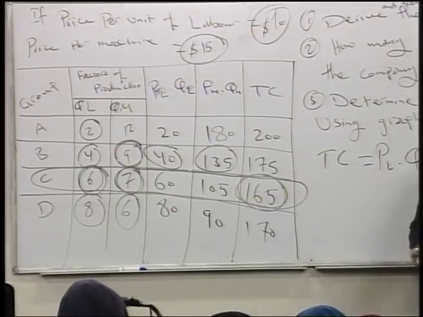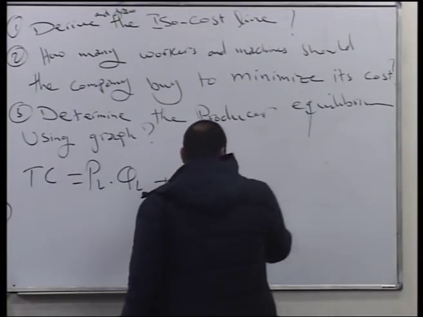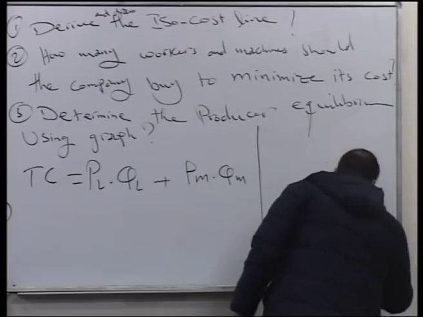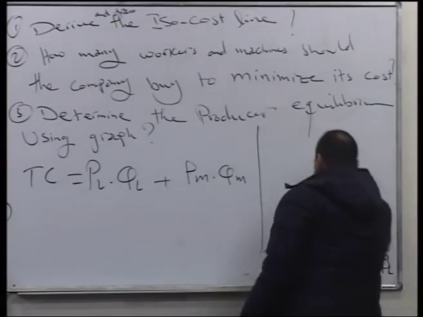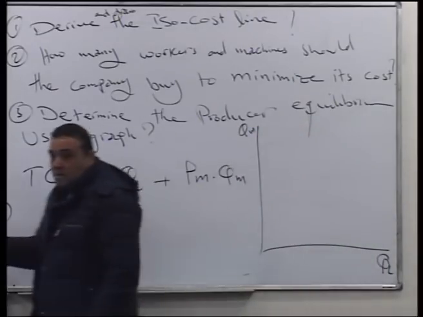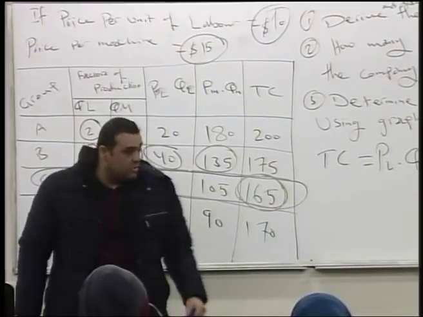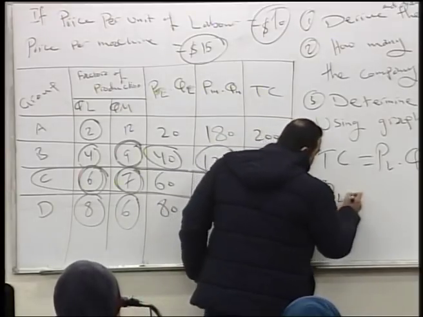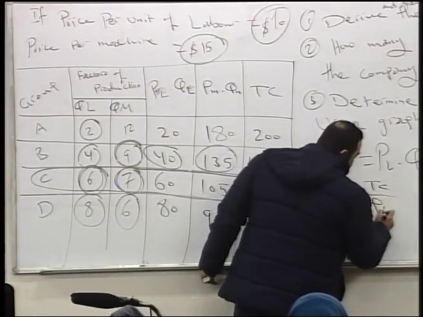Derive and draw the iso-cost line. Like this, QL and QM. To calculate the quantity of labor, QL equals total cost over the price of labor.